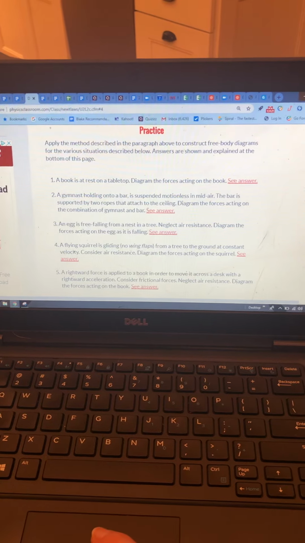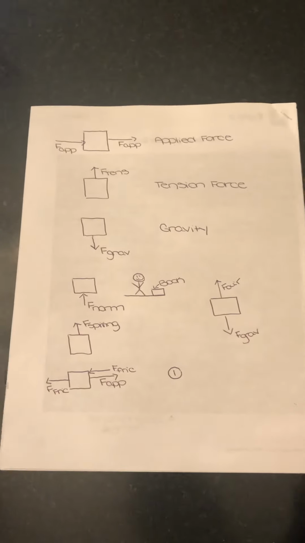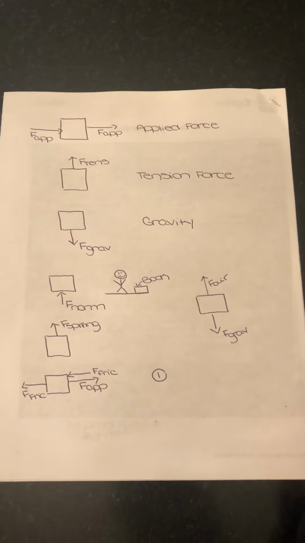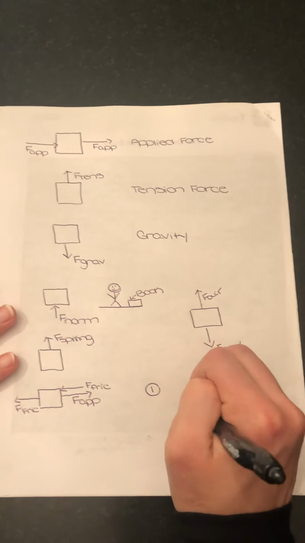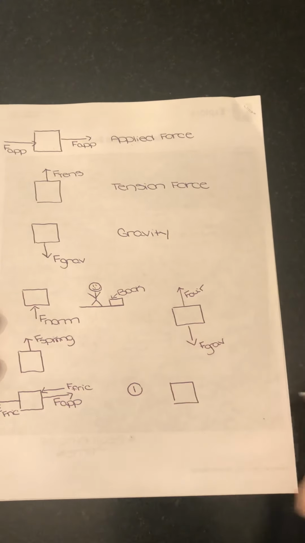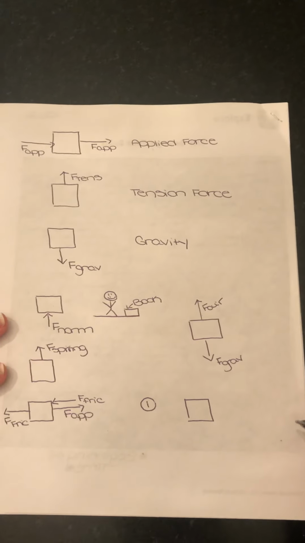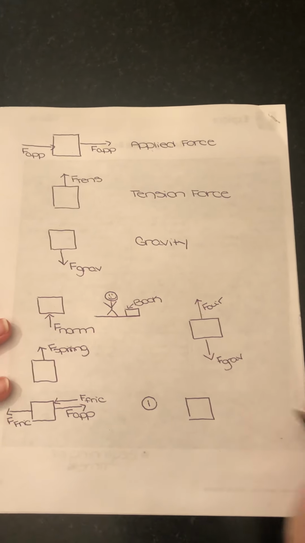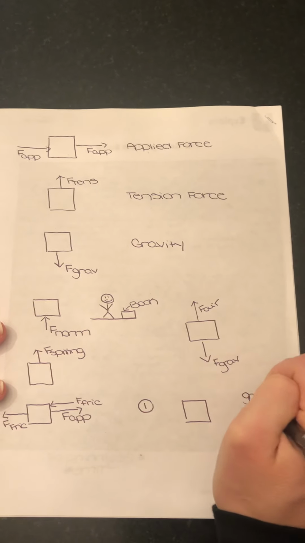So I'm just going to do number 1 and 2 with you. So the first one says, a book is at rest on a tabletop. Diagram the forces acting on the book. So this is my book. It's always represented by a square. You have to, first of all, recognize the two forces. So if it's at rest on a table, obviously we have gravity.